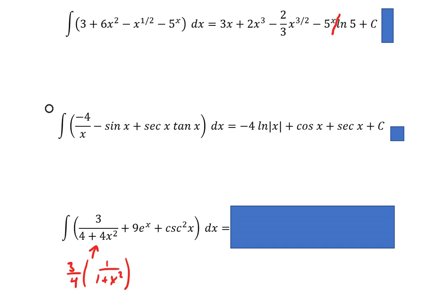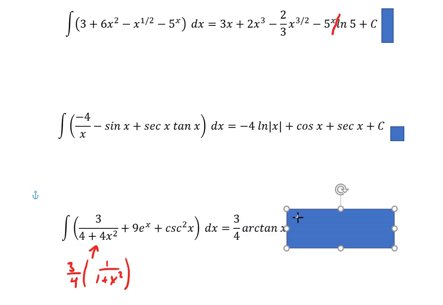The integral of 1 over 1 plus x squared is the arctangent of x. So we have 3/4 times arctan x plus the integral of 9 times e to the x. The 9 is a multiplicative constant. We can pull that out front and multiply it back in at the end. The integral of e to the x is just e to the x. So we get plus 9 times e to the x.